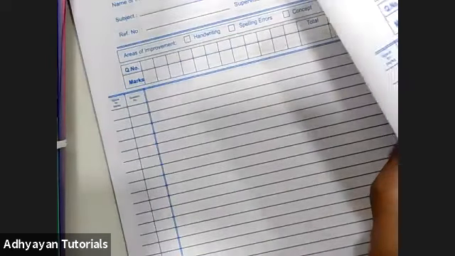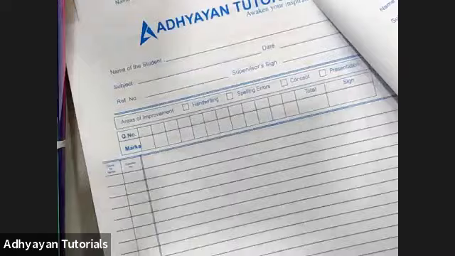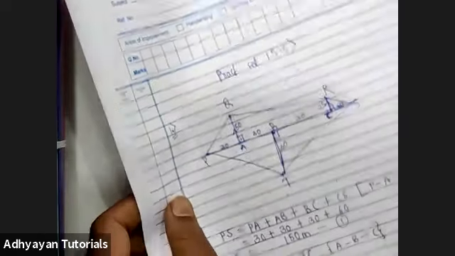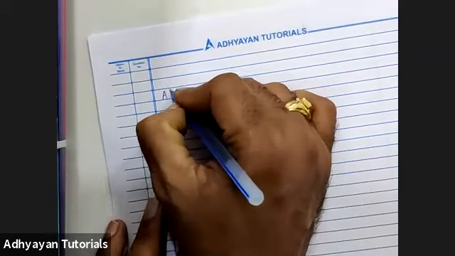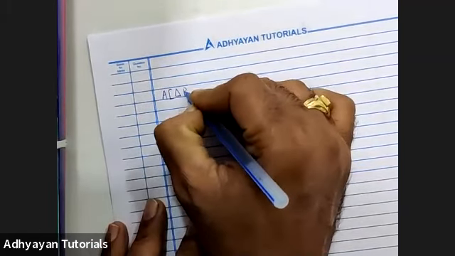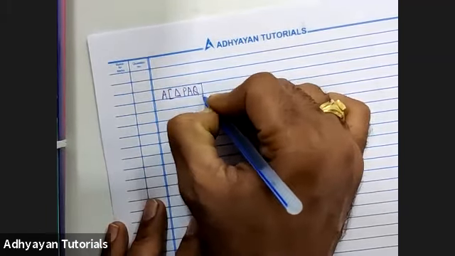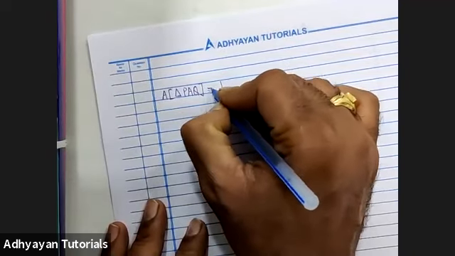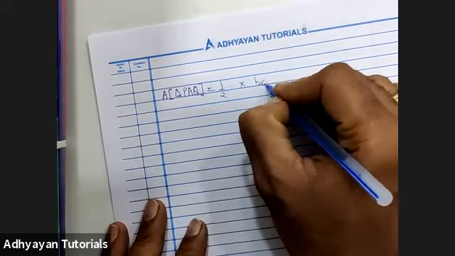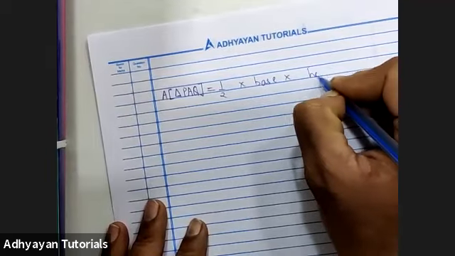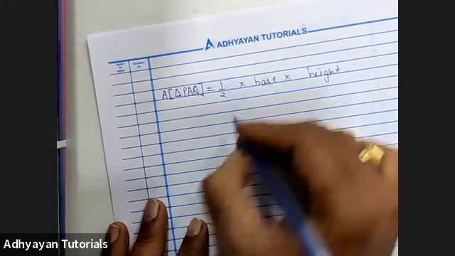Okay, I'll do one thing. I'll just write the solution here so that I can refer to the figure again and again whenever needed, right? So area of triangle PAQ is equal to half into base into height, right, children?